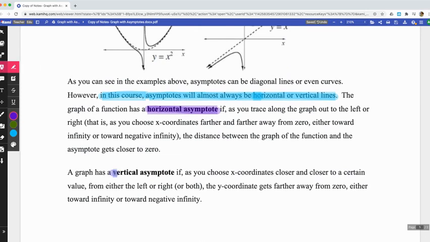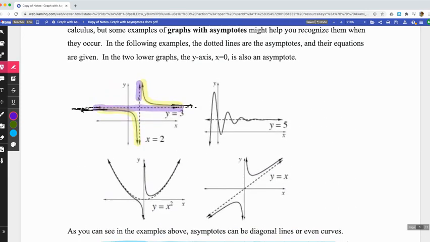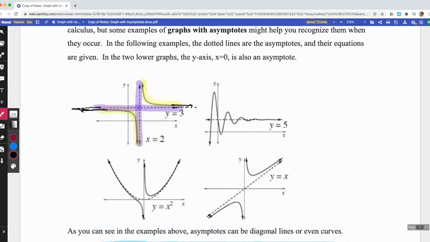Vertical asymptote, same idea, but in the vertical direction, obviously. So it means as our graph gets closer to this value, which is x equals 2, by the way, as we start approaching x equals 2 from the right and from the left, we see that our function is getting closer and closer to this dashed line, but it's not touching it, okay?